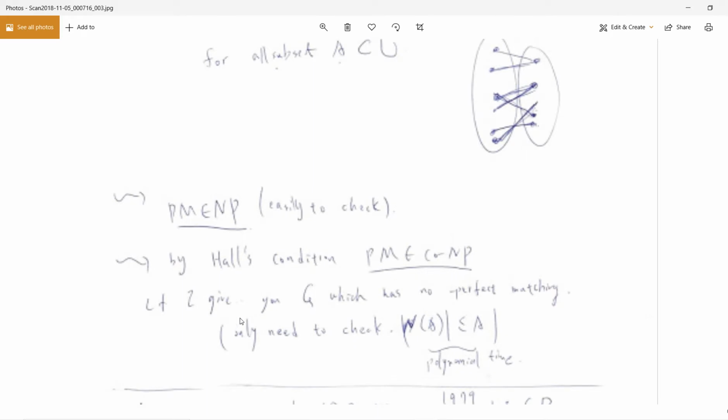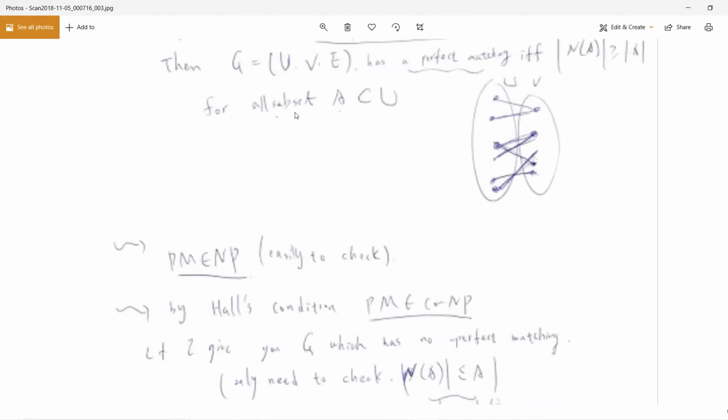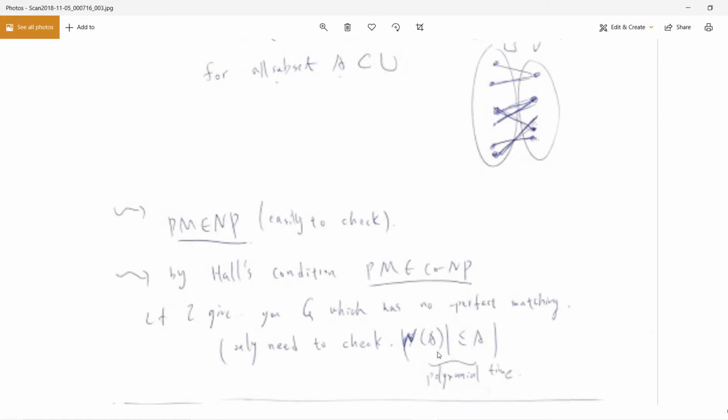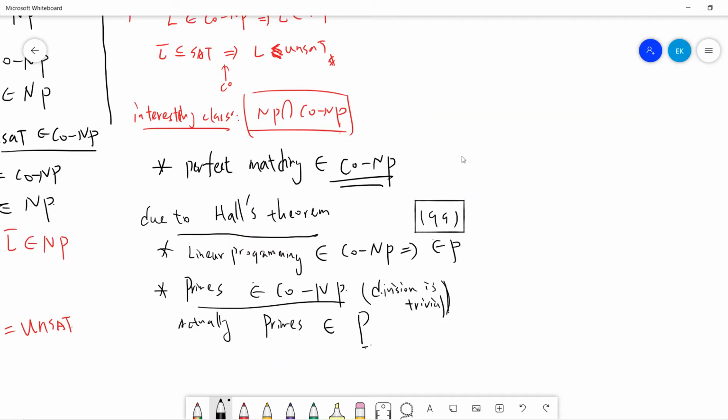The reason is that if I give you a G which has no perfect matching, then you just need to check some subset A, whether the number of neighbors of A is less than the size of A. So you only need polynomial time to check whether it has a perfect matching or not. This is an interesting result. So perfect matching is actually in coNP and NP intersection due to Hall's theorem.